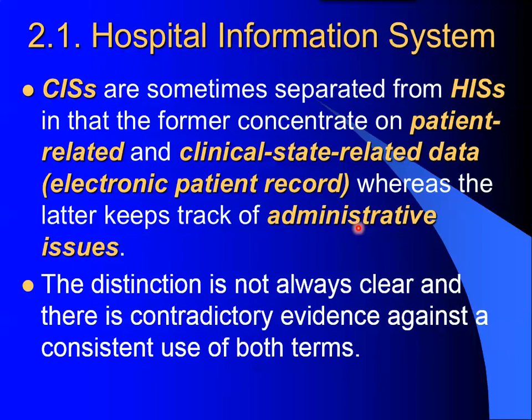And you must have a clear view of the aim of your automation, what you want to achieve. You want extremely reliable storage of patient data? Okay, emphasis on CIS. Or you need to improve hospital efficiency? I'm sorry, HIS will be the better solution.